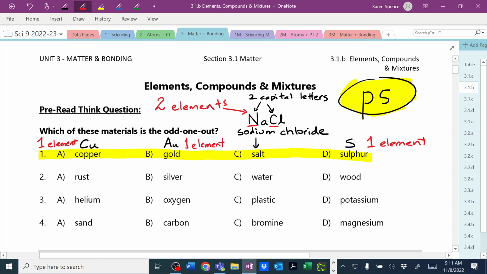Because we've written them together, one right after the other, they are stuck together. And if you have 2 elements stuck together, like Zeev said, that is a compound. Compound.